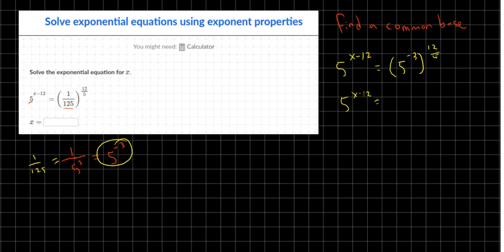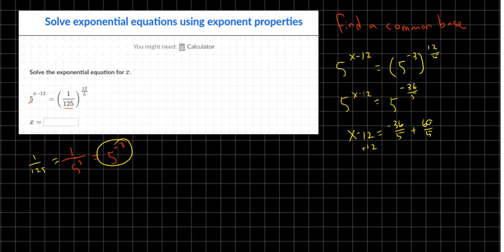We're going to multiply these two together, so it's going to be 5 to the negative 36 fifths. Because I have the same base and these values are equal, I know that the exponents are equal. So I know x minus 12 is equal to negative 36 fifths, so I'm going to add 12 to both sides. And on this side, I'm going to make that into fifths. So that's 60 fifths. 12 is 60 fifths.